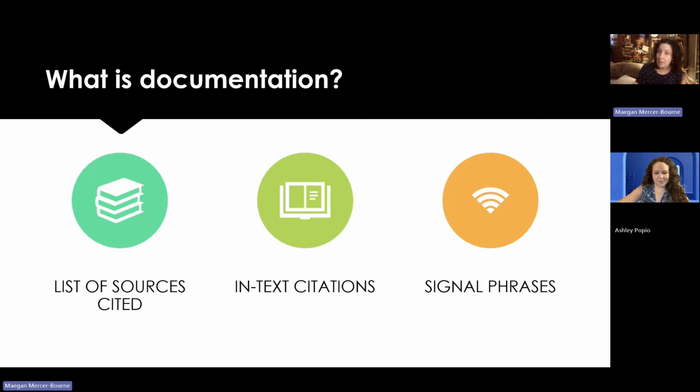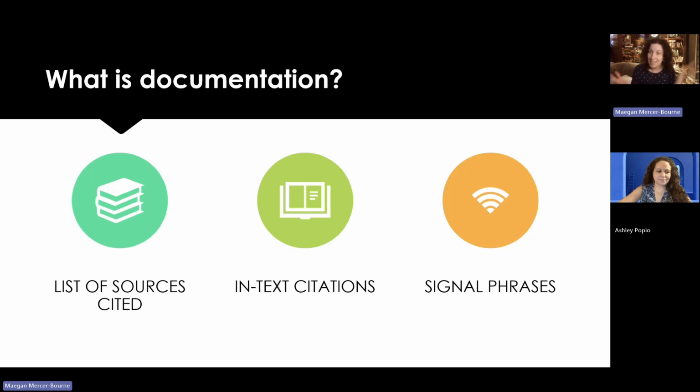Again, it's going to vary based on the discipline that you're in. But that in-text citation will directly correspond to one of the citations down at the end of your document. So it's important to make sure those match. Anything that's in your in-text citation should be in your list of sources. And again, the way that it's formatted will be different depending upon your subject.